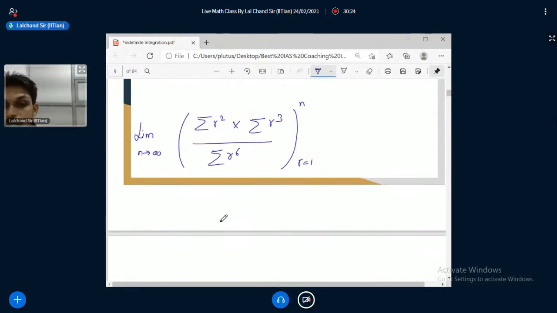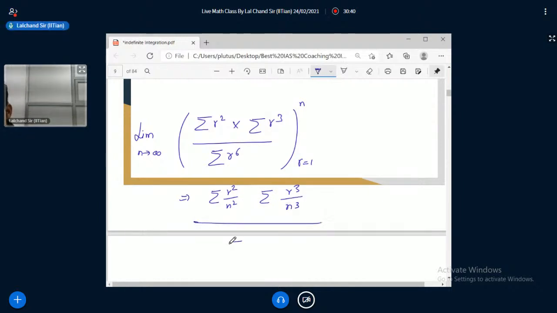Now if I simplify this, this is sigma r square divided by n square. Here sigma r cube divided by n cube. In the denominator we have sigma r to the power 6 divided by n to the power 6. But here we have n to the power 5, and here n to the power 6.